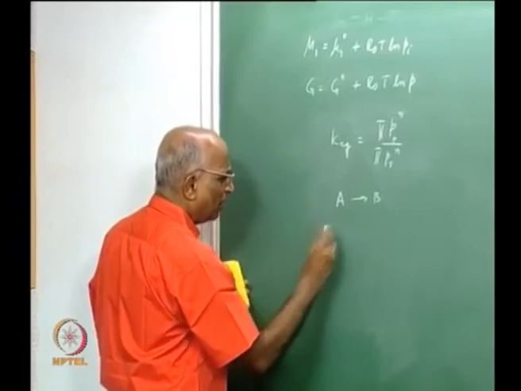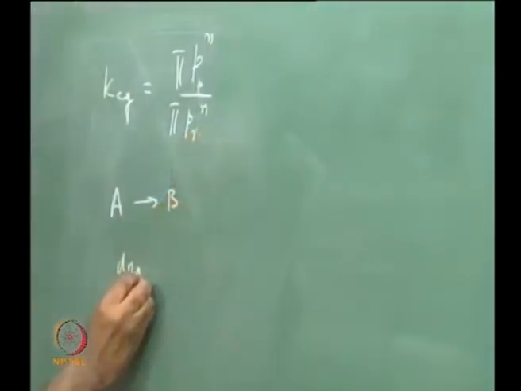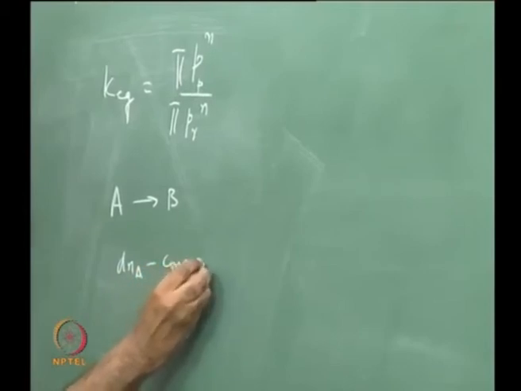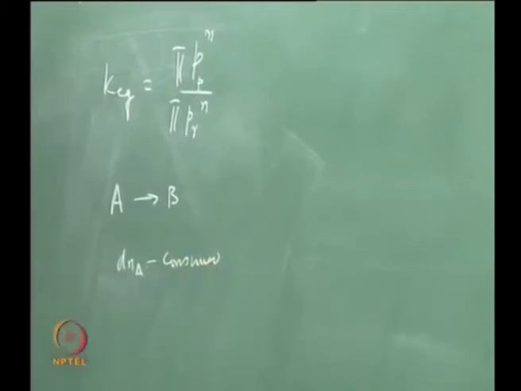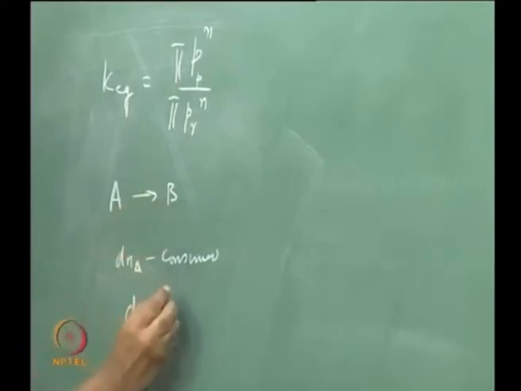I tell myself, look here, in this reaction dNA moles of A gets consumed, that means it is getting consumed, and dNB moles of B is getting formed.